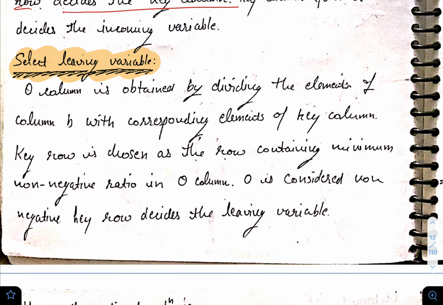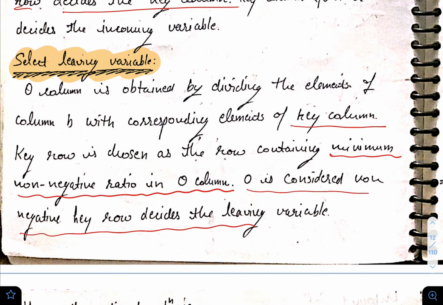The key row is chosen as the row containing the minimum non-negative value in the theta column. So the minimum non-negative row in the theta column is chosen as the leaving variable, or the key row. 0 is considered non-negative. The key row decides the leaving variable.